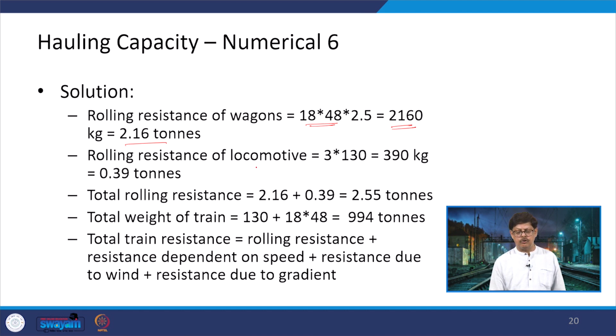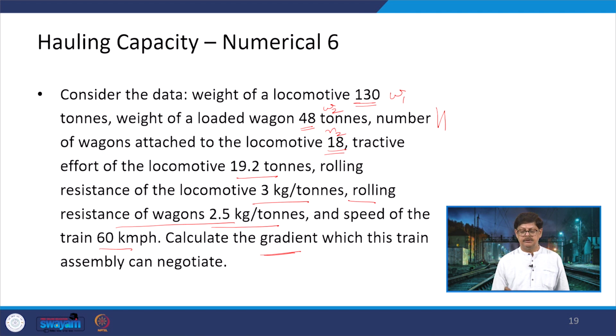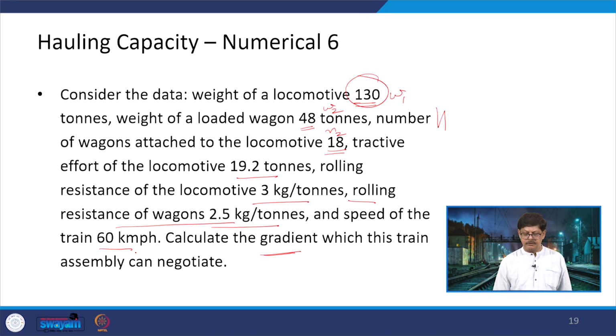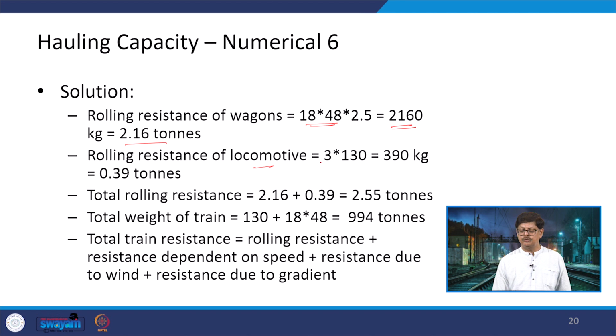Similarly, in the case of the locomotive, it is 3 into 130. Why 3 into 130? 130 is the W1 given for the locomotive, and this 3 comes from the rolling resistance of the locomotive, 3 kg per ton. So 130 into 3 gives you 390 kgs or 0.39 tons.